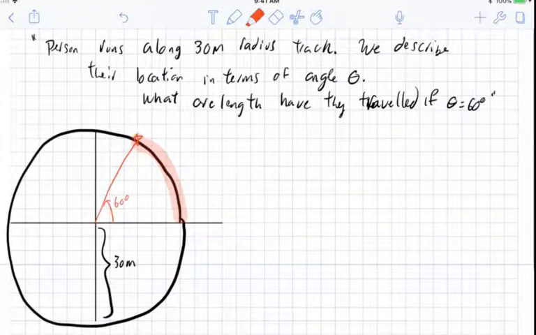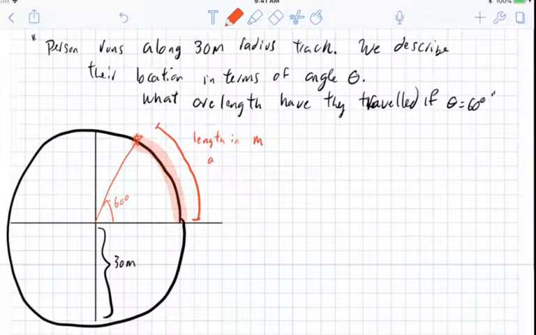It's not anything we can do using trigonometry or geometry. The word arc length corresponds to the length of this line in meters. How do we calculate it?